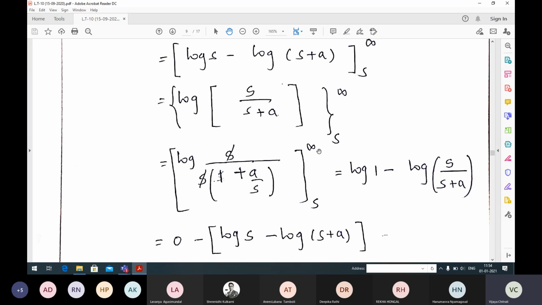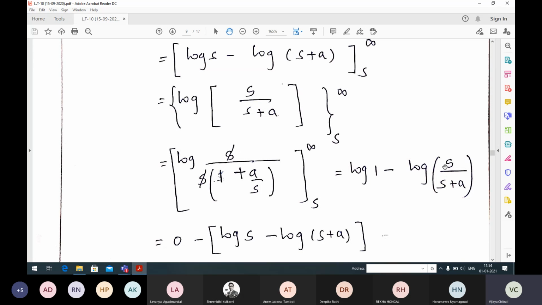So substituting the upper limit, you get log 1, and substituting the lower limit, you get log of s divided by s plus a.